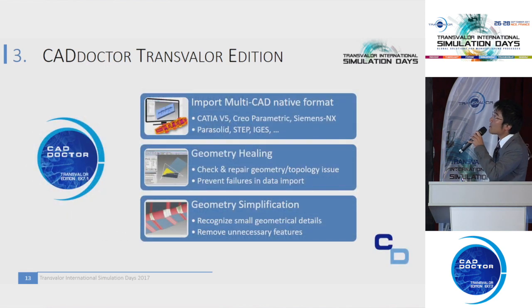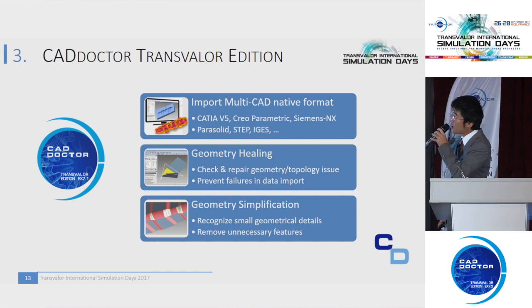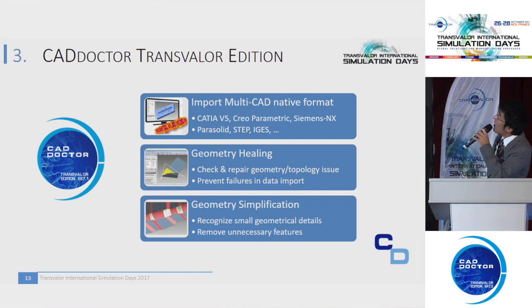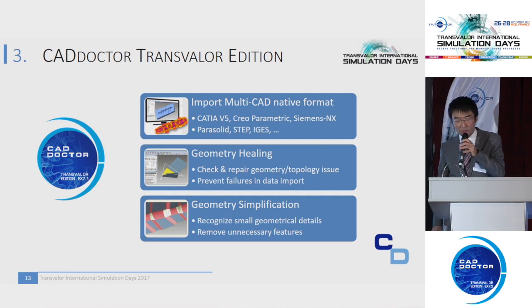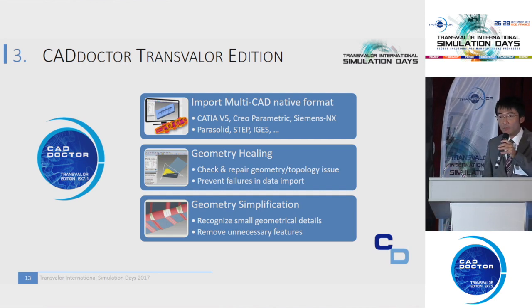So these are the lineup of functionalities included in the Transvalor Edition of CADdoctor. You can import MultiCAD native formats from CATIA V5, Creo Parametric, and NX. Parasolid, STEP, and IGES, these kinds of neutral formats can also be imported. And STL, the meshing data, can also be imported. The next one is geometry repairing, checking and repairing geometry or topology issues.